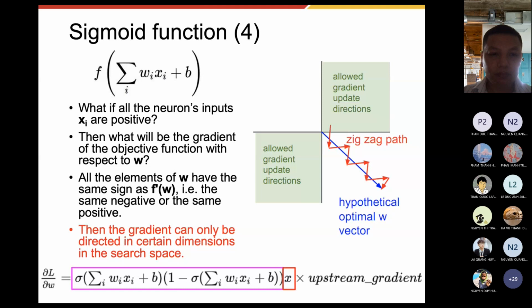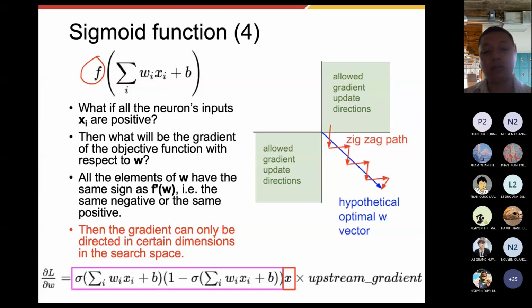So this is the example in detail. For example, this is a net input, right? The weighted sum of every input and the bias, and then the activation function. Now we discuss what happens if all the neuron inputs xi are positive.